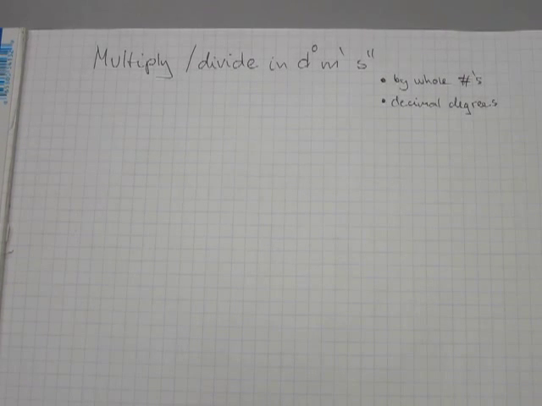Particularly with division, we will come across the problem of decimal degrees, converting degrees, minutes and seconds to decimal degrees and converting it back from decimal degrees to meaningful degrees, minutes and seconds.